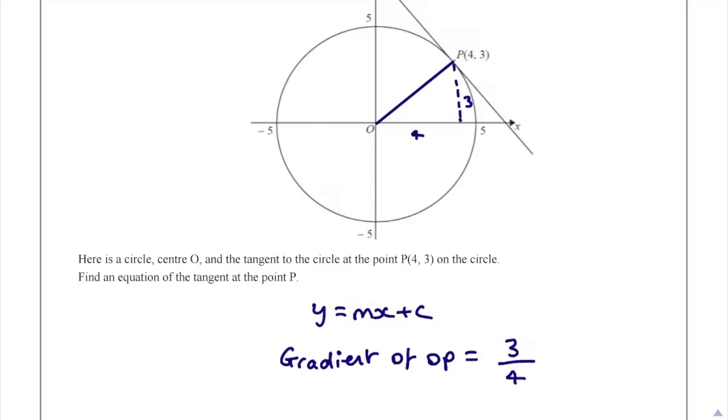Now, using your laws of circle theorems, you should know that when a tangent touches a circle at a particular point, it is perpendicular to the centre of that circle.